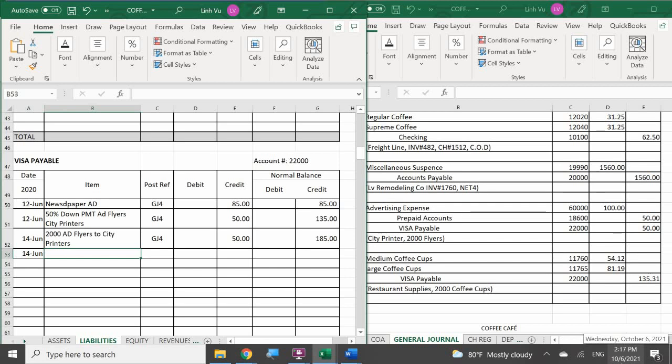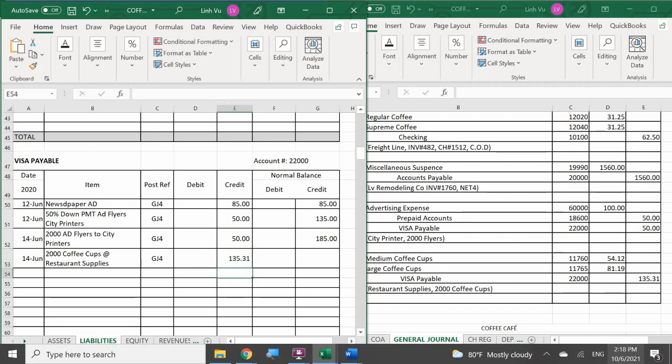I bought 2,000 coffee cups at Restaurant Supply. Okay. General Journal number 4. And we're going to increase it by how much? 135.31.